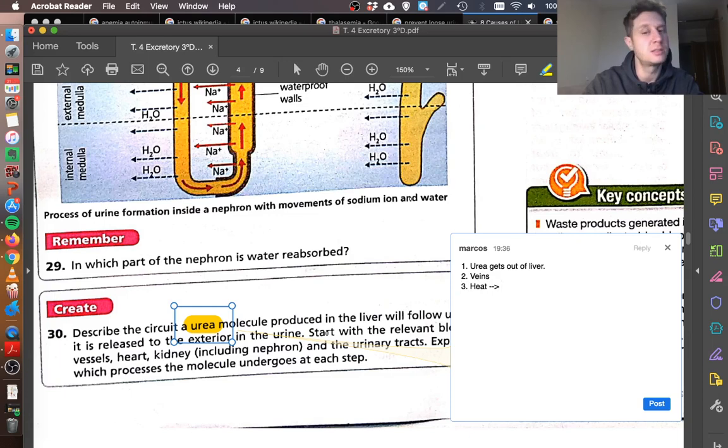Where in the heart? In the left part of your heart. Left atrium, then left ventricle.